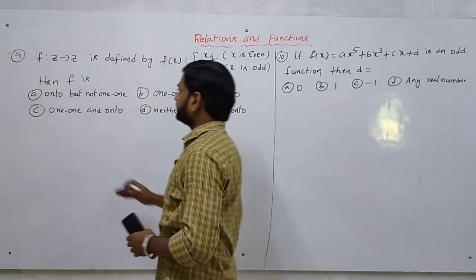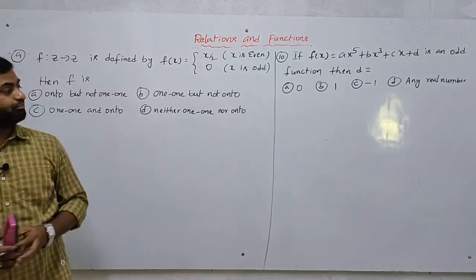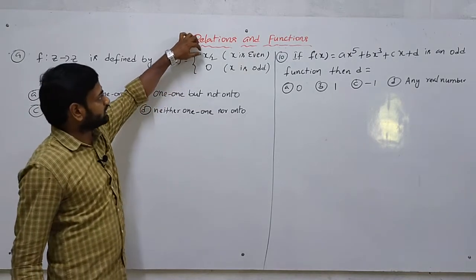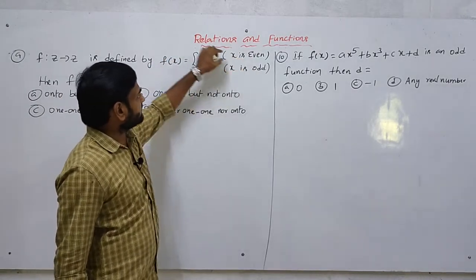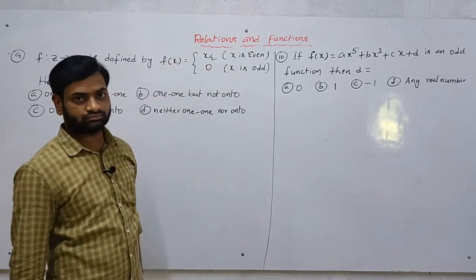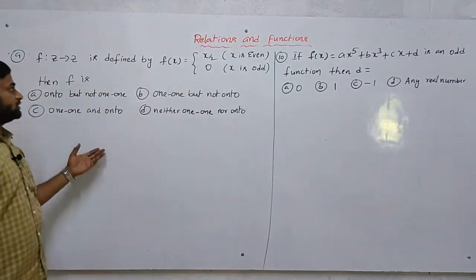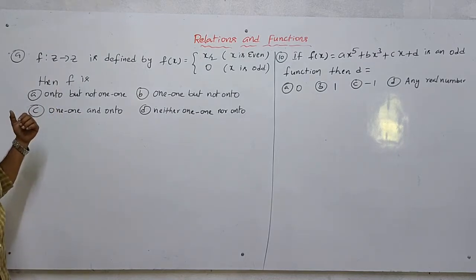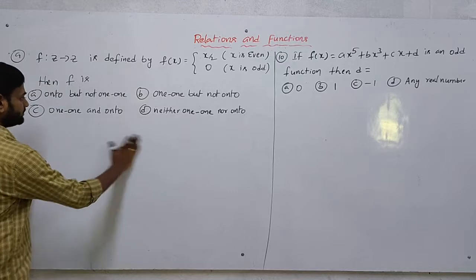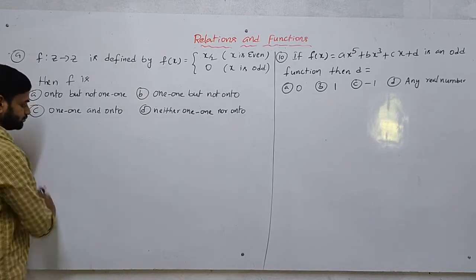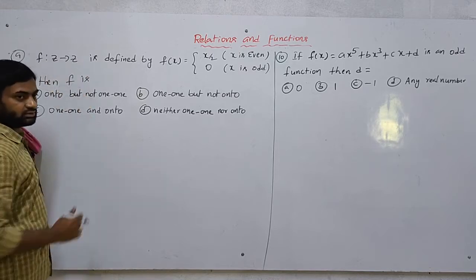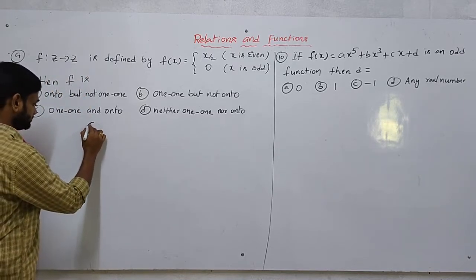See the next one. f from Z to Z is defined by f(x) with two cases: when x is even, it is x/2, and when x is odd, it is 0. That function we have to check whether it is onto, one-one and so on. See here, I am taking a mapping diagram. Both domain and codomain are integers.